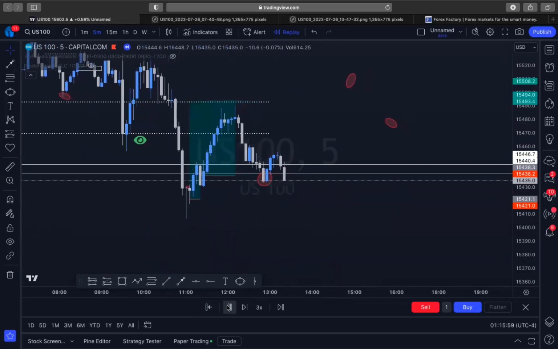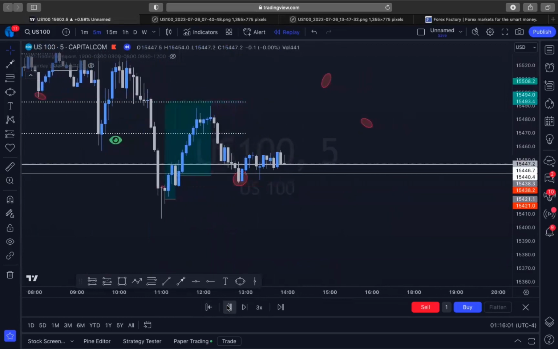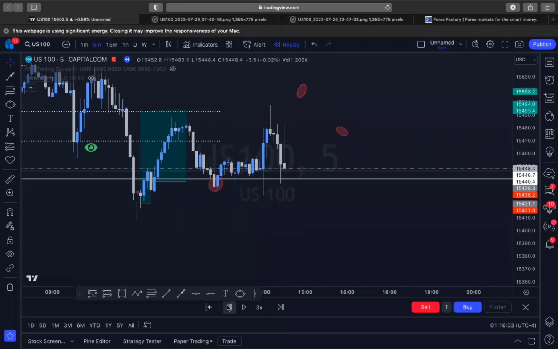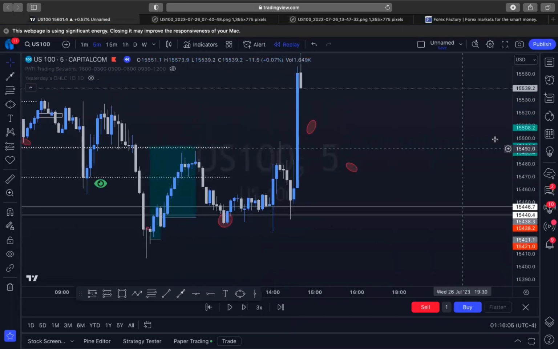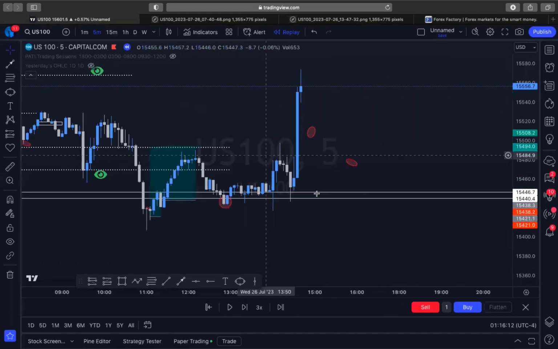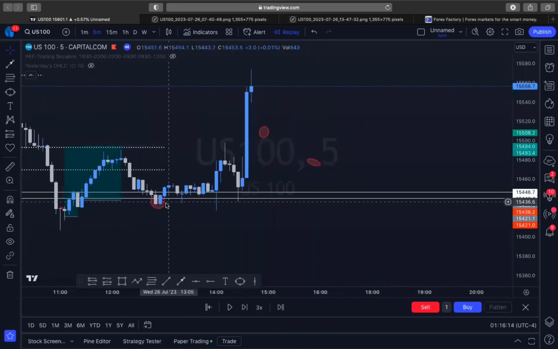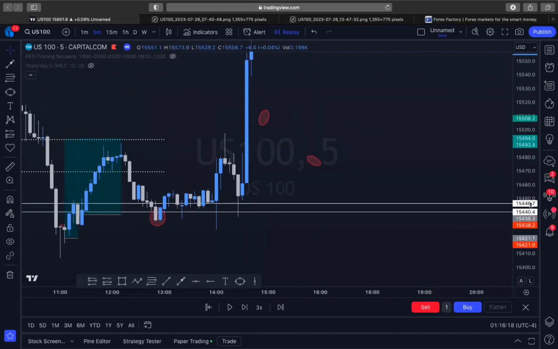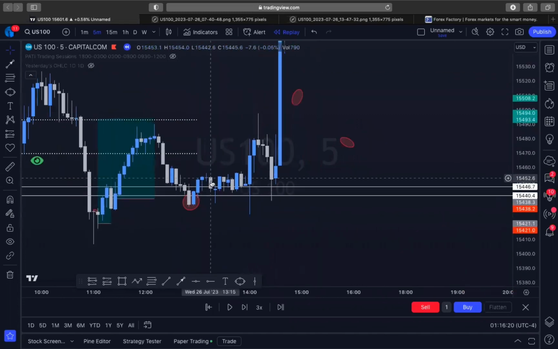Took another entry there. Look at that. That was news. That was FOMC. I had some positions here. I accumulated more positions here. And the reason why I felt comfortable taking some positions here is because of those rejections.